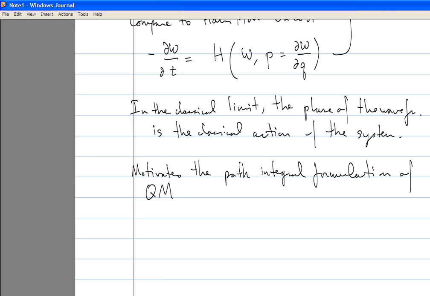And this observation that the action is associated with the phase of the wave function tells us that if you want to write down the wave function of a quantum mechanical system as a function of Q and T, then you need to add up all possible paths that the system can take through configuration space, associating with each path a phase which is the exponent of the action.